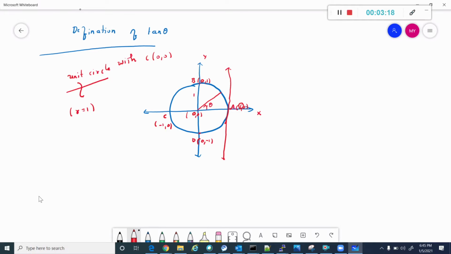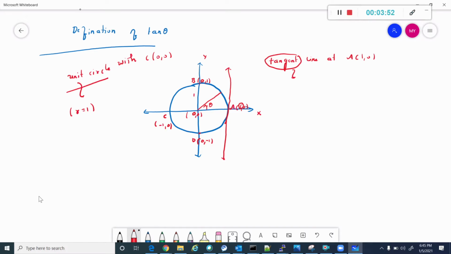We have to consider a tangent line at the point A. This tangent line is fixed at A. I hope you understand the definition of a tangent to a circle from primary geometry: a tangent is a line which touches the circle at a single point.